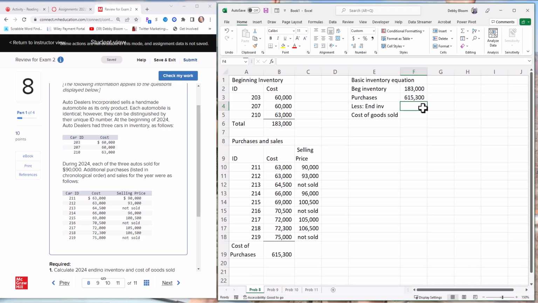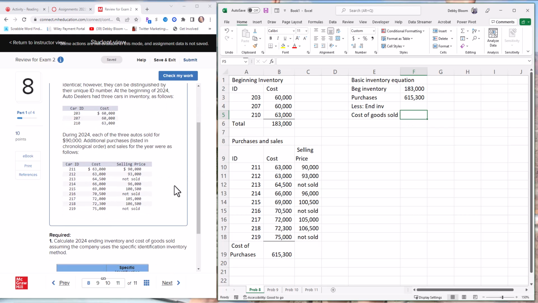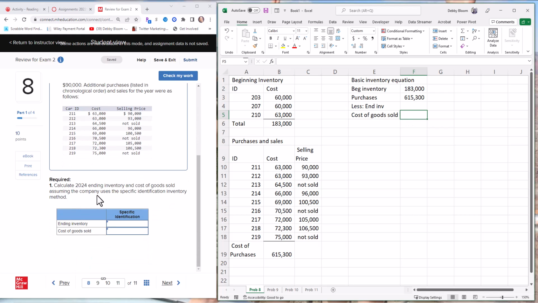We're going to use our method to calculate either the ending inventory or the cost of goods sold, and once we have one or the other, we'll be able to get the final one, because again, this is an equation, A plus B minus C equals D. So once we get any 3 of them, we can get the 4th either by adding and subtracting or by algebra.